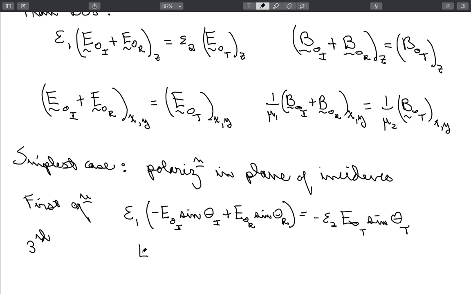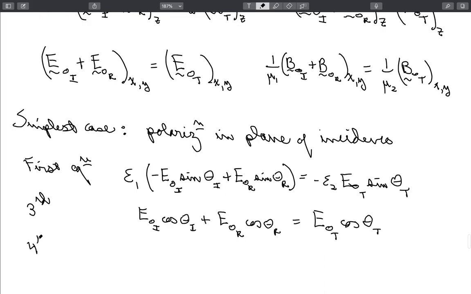It tells me that E incident with the cosine of theta i plus the reflected bit, which is again the cosine of theta r, is equal to just the transmitted with cosine of theta transmitted. Okay?